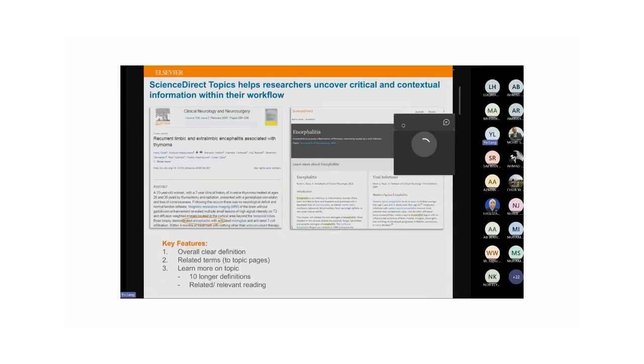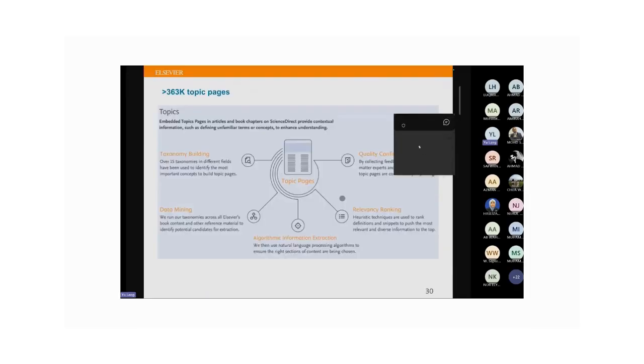It also helps researchers co-use the journal content with the ebook content, because all the information on this topic page is obtained from the book content in ScienceDirect. The topic pages are developed using 5 technologies, and ScienceDirect has already developed more than 360,000 topic pages.